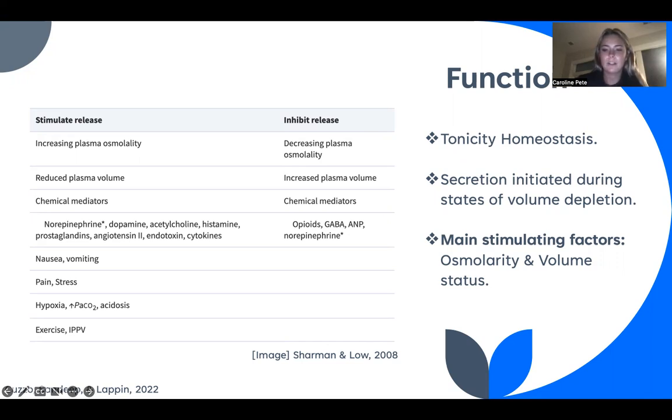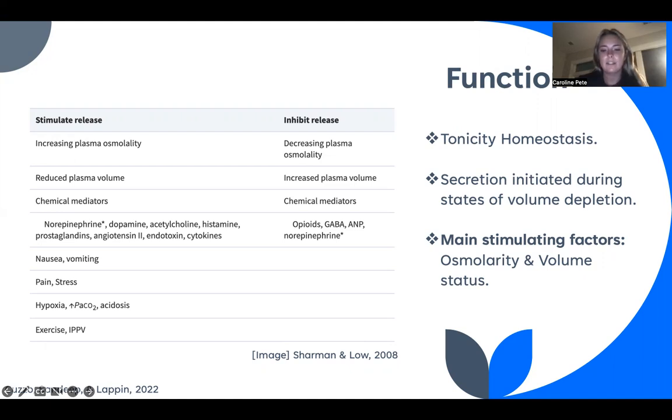Secretion can also be initiated during states of volume depletion, as there are decreased signals from baroreceptors that sense arterial blood volume in the left atrium, carotid artery, and aortic arch. When these receptors sense low blood pressure, they transmit this information via the vagus nerve, which stimulates the release of vasopressin.